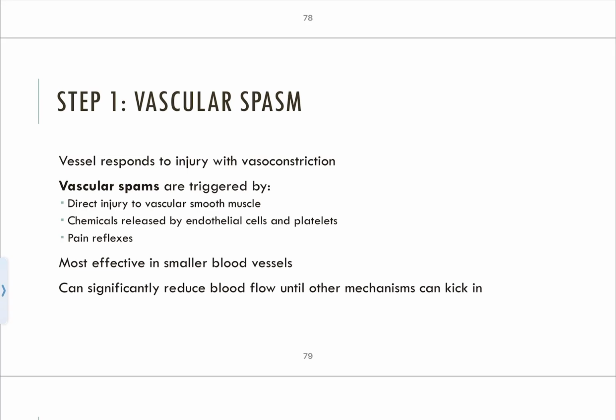Also, when we damage those endothelial cells, they will release chemicals that will also cause vasoconstriction. And once we activate our platelets, which we'll talk about in a little bit, we also have some pain receptors that can also initiate some reflexes to help with the vascular spasm process. But once we begin it, it becomes more and more efficient as the amount of tissue damage increases.